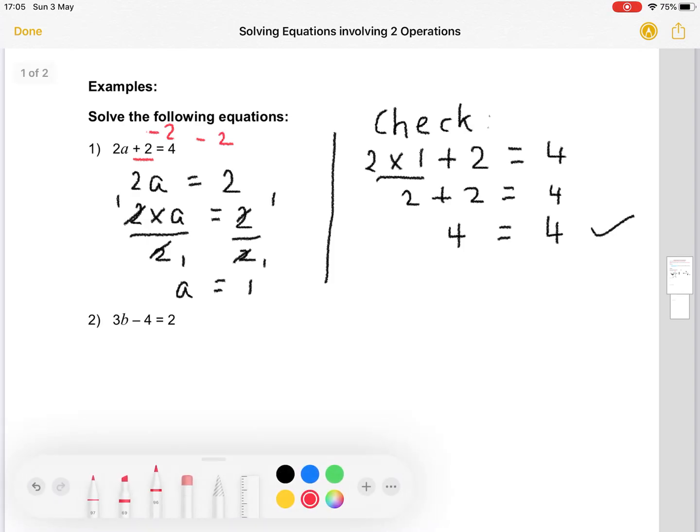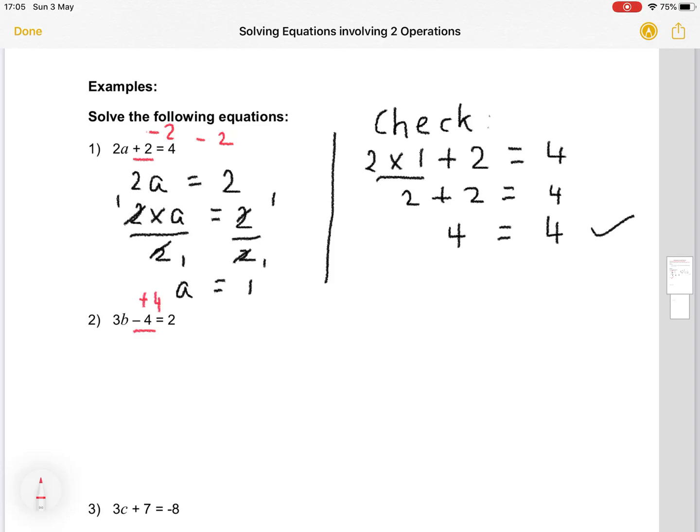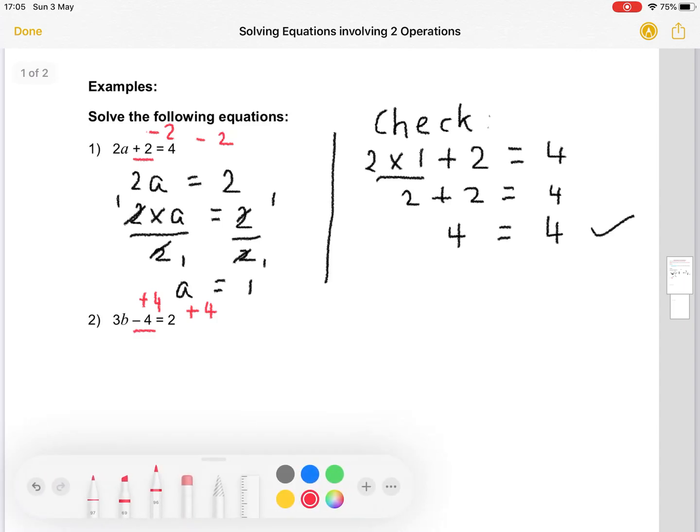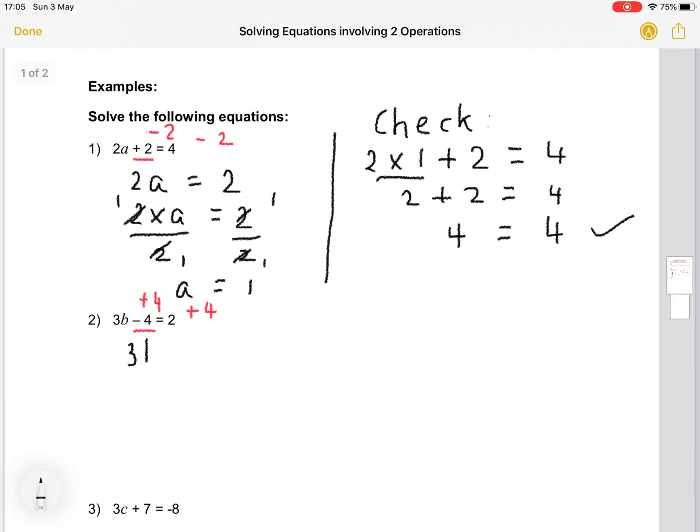So we must remove the negative 4. The opposite of negative 4 is positive 4 on the left and positive 4 on the right. So on the left hand side, we end up with 3b is equal to, on the right hand side we end up with 2 plus 4 is equal to 6.